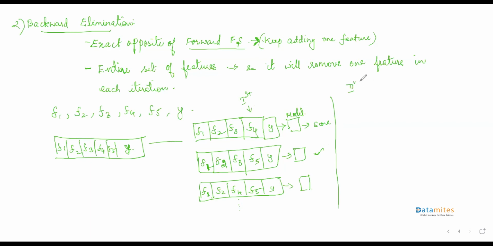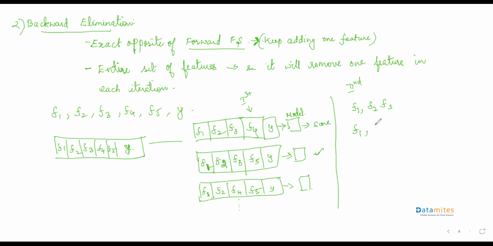In the second iteration, it is going to take this. From here, it will remove one feature. So let's say it removes F5 here, leaving F1, F2, F3. And from this, it will try to remove another feature now and train the model.